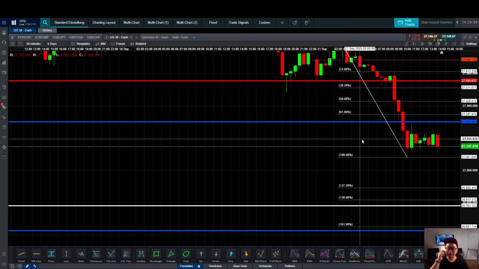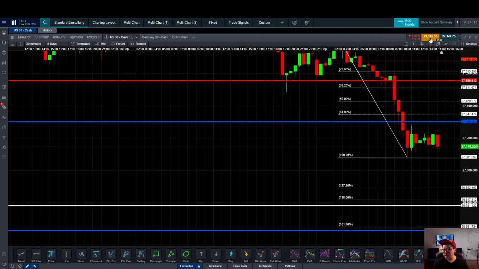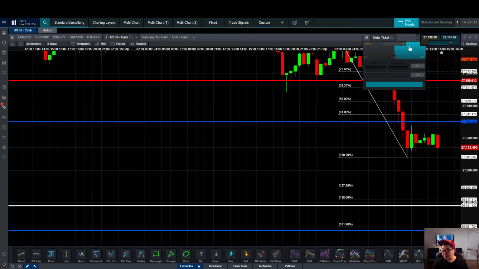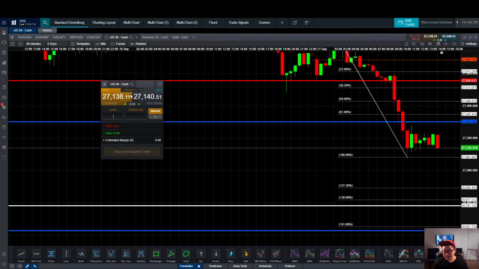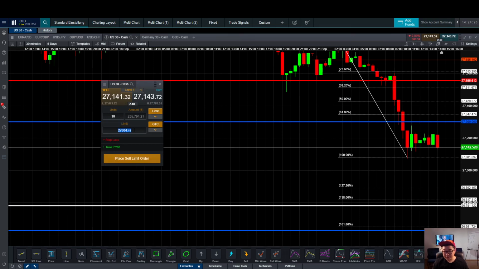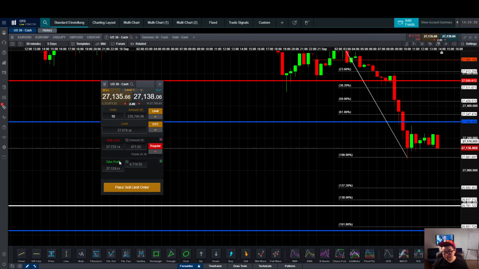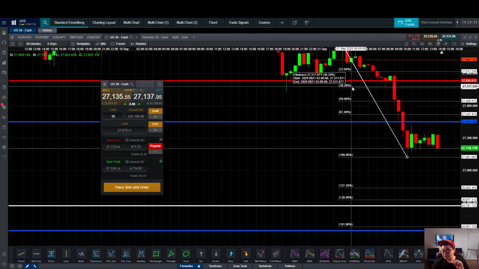Don't put in an automatic trade. What I mean by an automatic trade is you can come here and set a limit trade where you say, okay, I put 10 units and a stop loss, and it will trigger at this level.